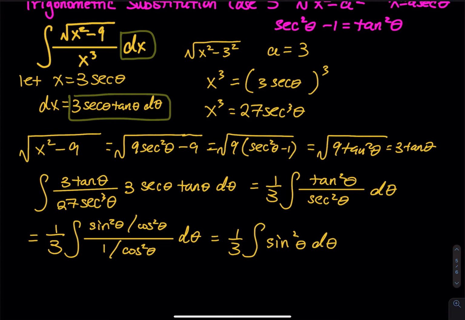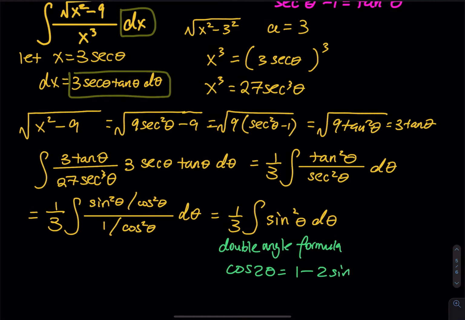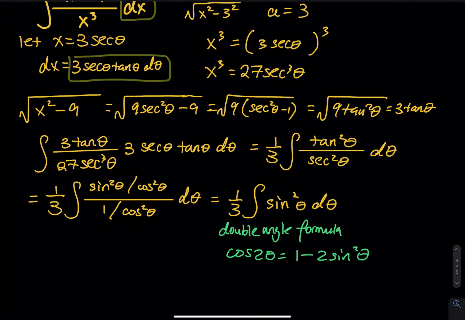You can't just integrate this. You have to consider the double angle formula. If you look up the double angle formulas online, they won't just give you the sine square. They will give you cosine 2 theta equals 1 minus 2 sine square theta, and then you have to isolate the sine square on one side by yourself.